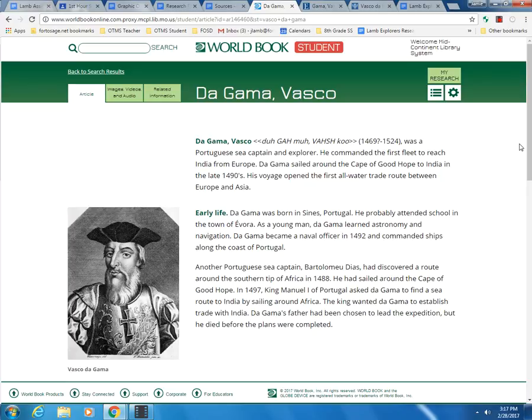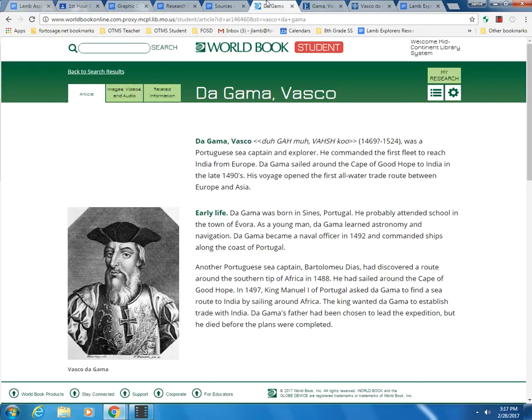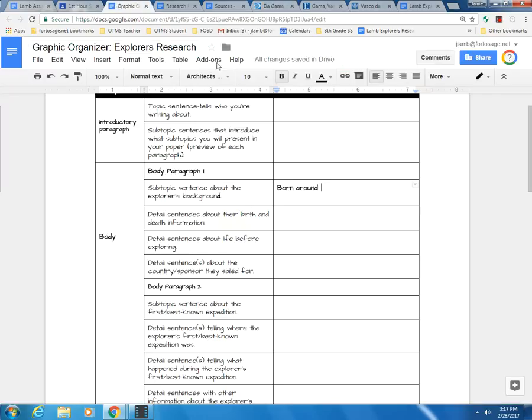So when you're actually putting this into your own words and you're typing it into your graphic organizer, and you don't even have to do complete sentences here, I would just do, born around, and then look back at the date, 1469.